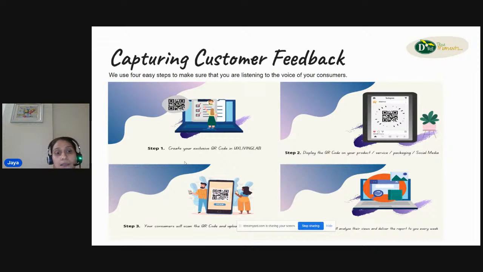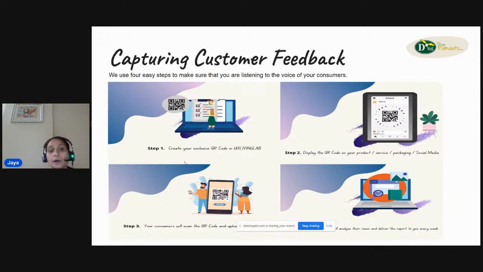I'll explain there are really four easy steps. First, you create a QR code from our website, or I'll give you the link so that you can create the QR code. Then you display this QR code with whatever product or service you require from us.